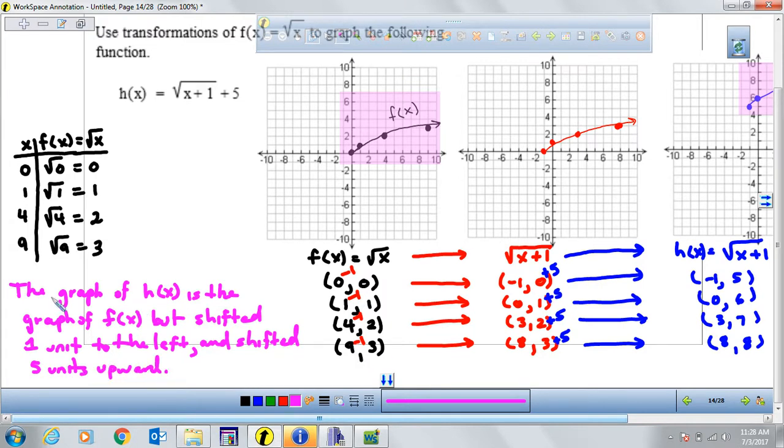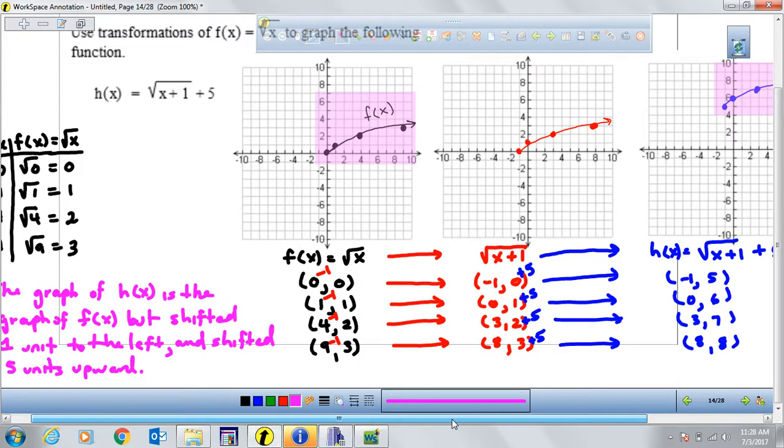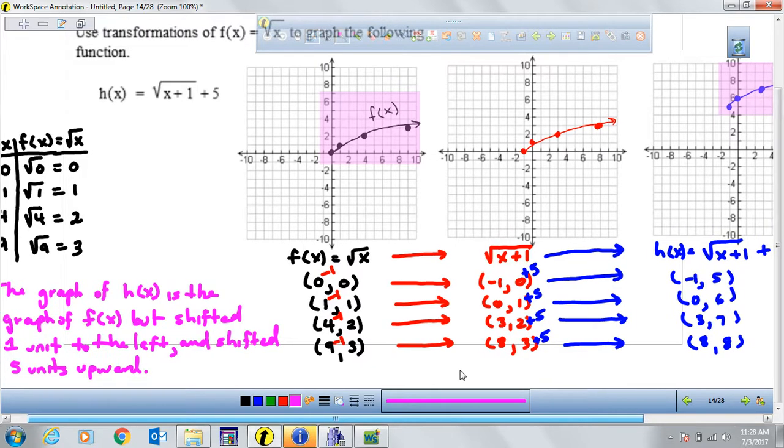This is basically the description of how the graph of g would be related to the graph of f in this particular question. It was shifted from here to here. It was to move to the left 1, and then it moved up 5 to create this.